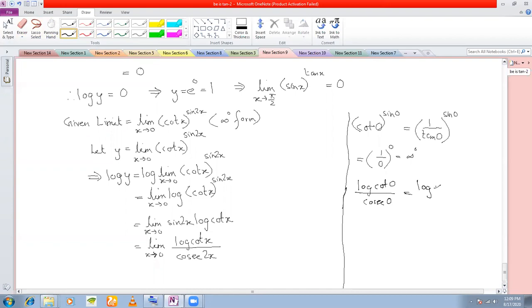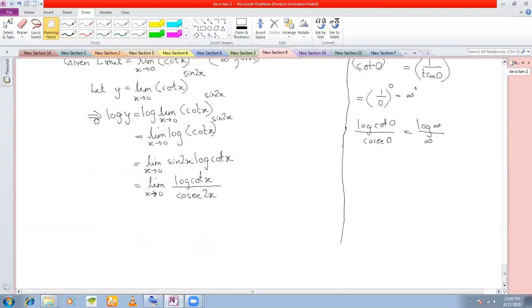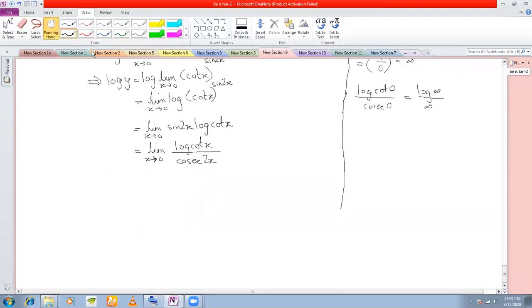We are getting log of infinity divided by cosec 0, which is infinity. So log infinity, I don't know what it is. So that is why I will do one more step by changing this cot in the numerator to a tan. How do I change this? Very important step this is.